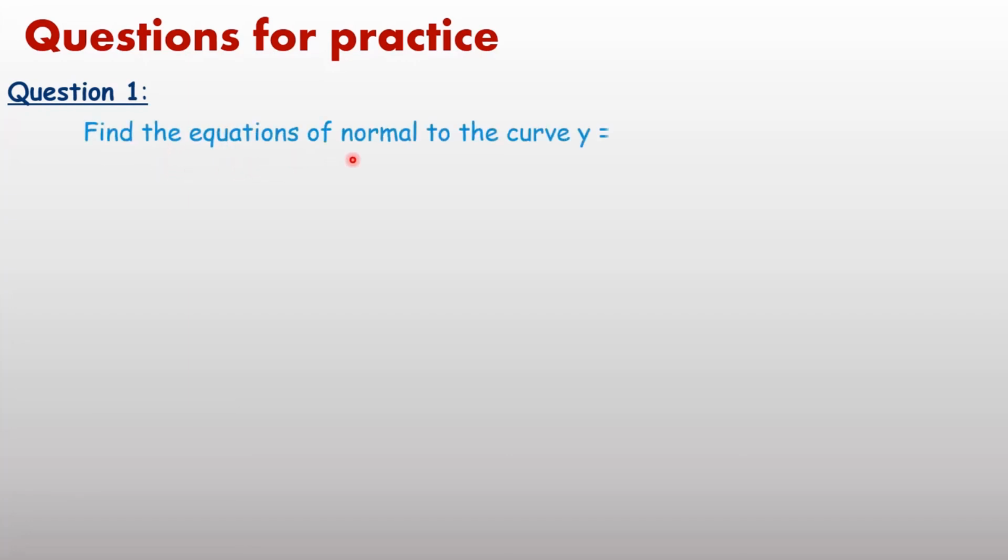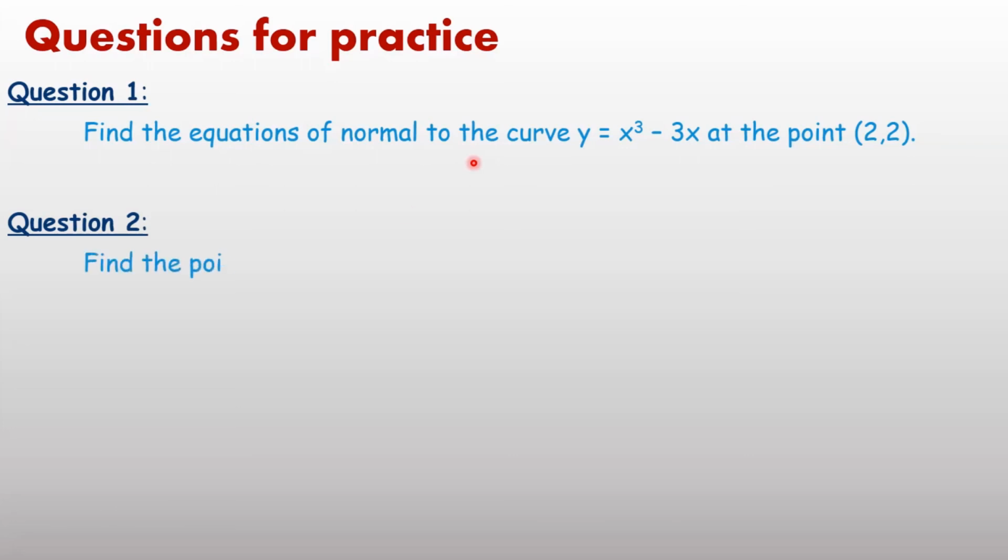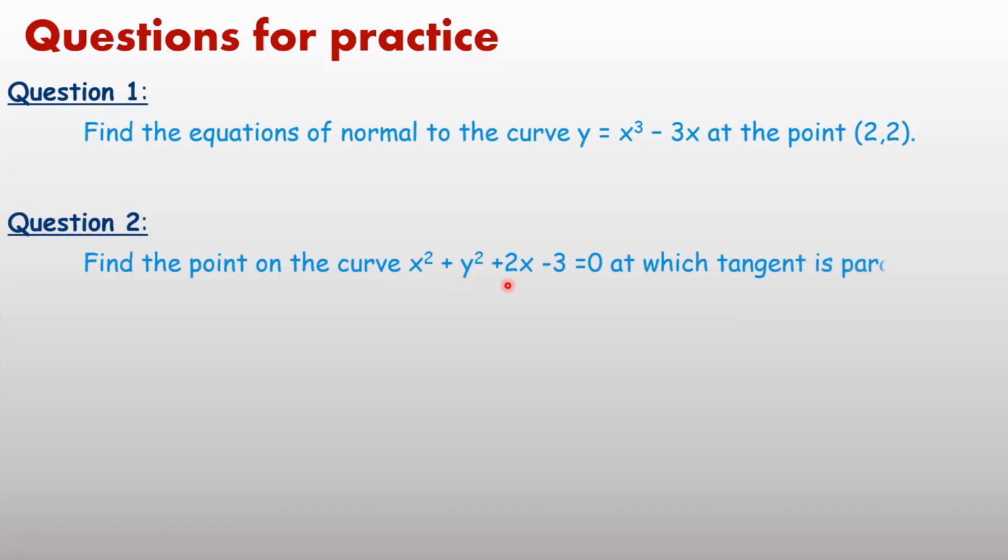Now questions for practice. Question number 1: find the equation of normal to the curve at the given point (2, 2). In question number 2, find the point on the curve x square plus y square plus 2x minus 3 equals 0 at which the tangent is parallel to the x-axis.